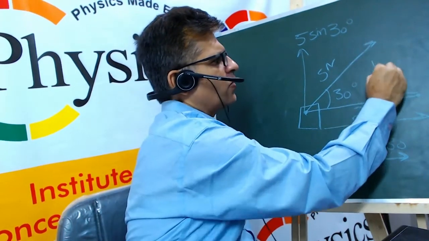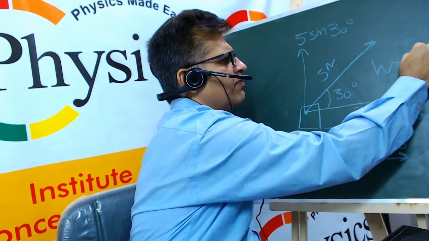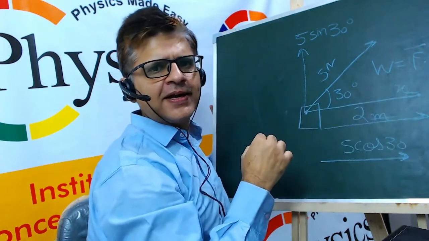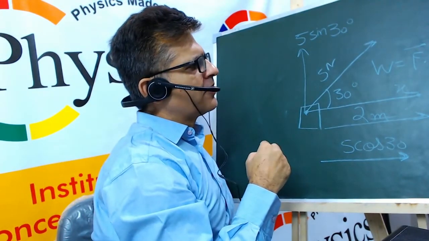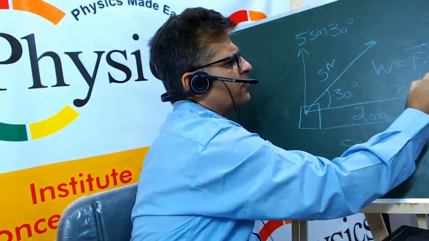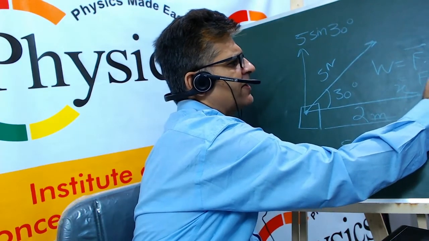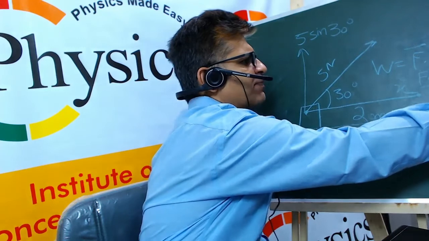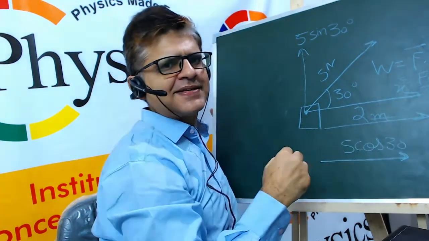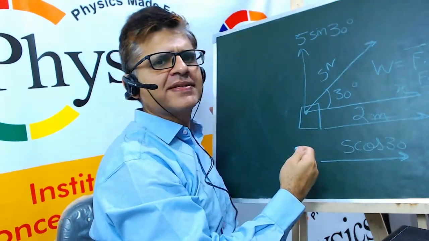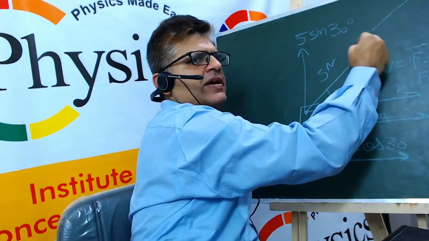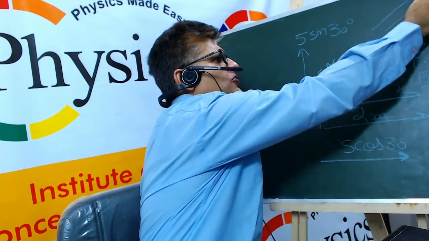So if you write work done is equal to F dot S, which is a vector way of writing the dot product, what you're actually doing is multiplying the x component of force with the displacement, which is also in the x-axis. This is an example of the x-axis, but you could have any situation like this where the force is in this direction and the displacement also is in the same direction.